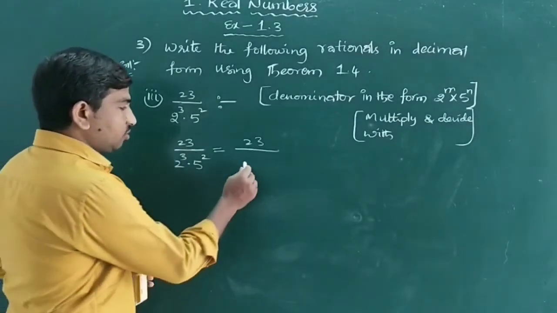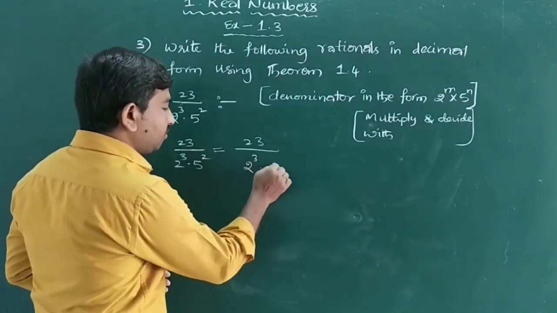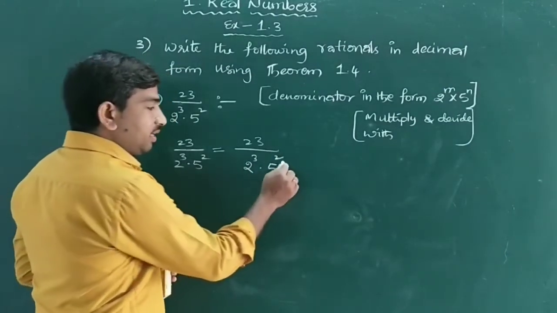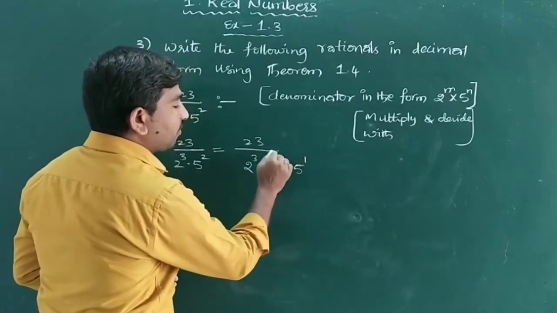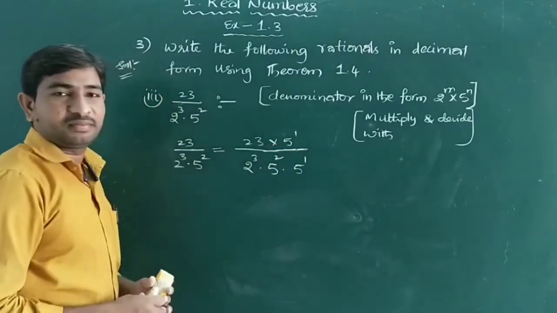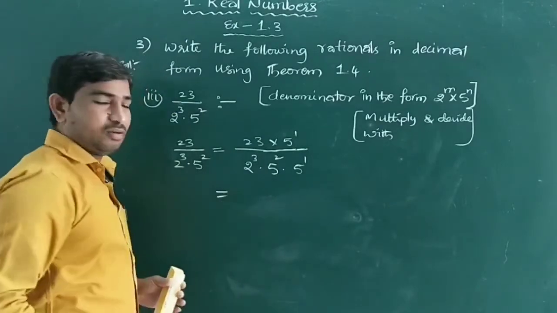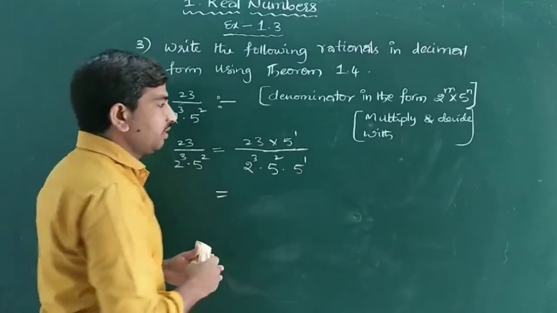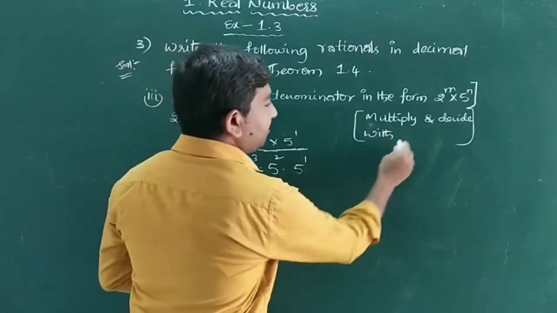So for 2 power 3 into 5 power 2, to get 5 power 3, we need to multiply with one more 5 power 1 in the numerator and denominator. It is very easy now. 5 power 1 means nothing but 5. Multiply and divide with 5 power 1.